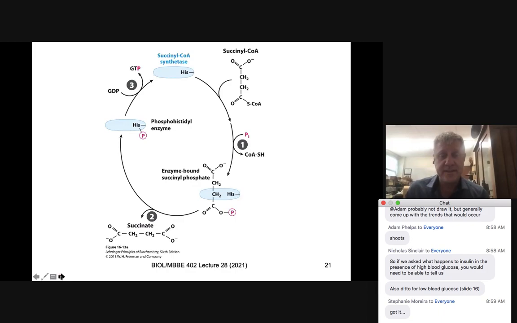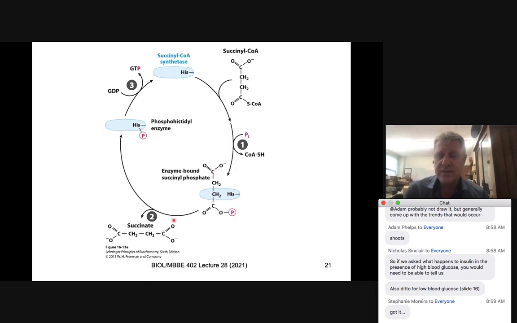So what we see here, again, is an enzyme-bound system in the sense of the succinyl CoA synthase with that histidine moiety to basically coordinate succinyl CoA coming in, utilizing inorganic phosphate at the expense of the CoASH enzyme leaving group here to give us the phosphorylation of the enzyme-bound substrate in its succinyl phosphate form.